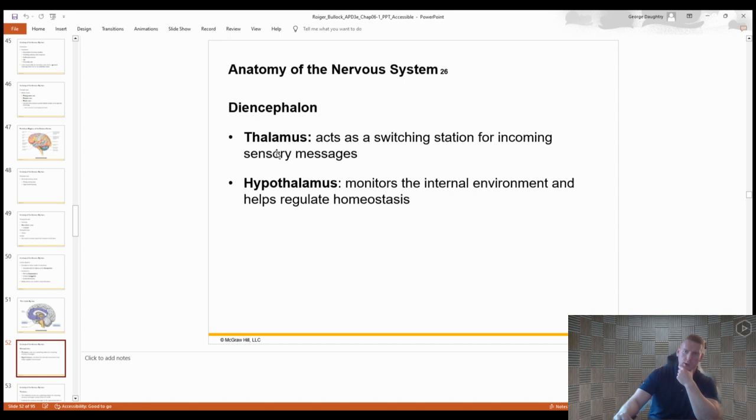So like we've talked about, we have afferent, which is coming in, efferent, which is going out. The thalamus is one of our transition points. It's something that allows for an efferent output. It's going to initiate a response, and then there's going to be a downward cascade, and then eventually we're going to have some type of motor output. That's what happens at the thalamus.